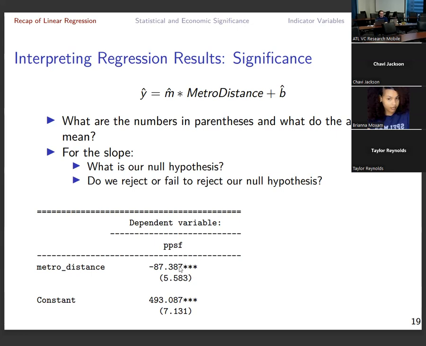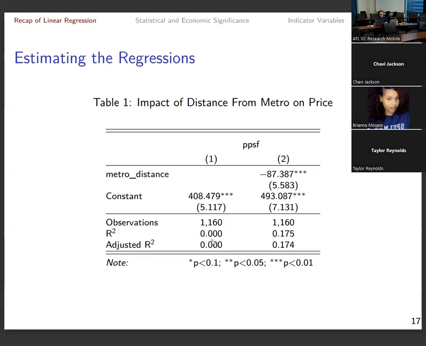Shavai told us that because of the 3 asterisks, we are rejecting the null hypothesis. And in this case, this would be 10%, 5%, 1%. So the significance level here, you could go beyond, you could be smaller than 1%.